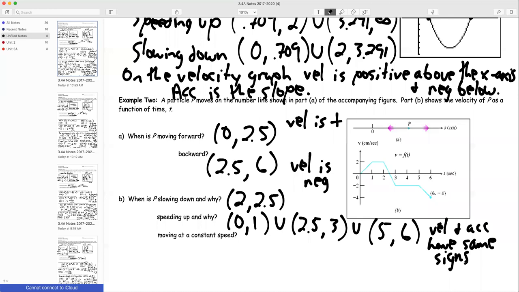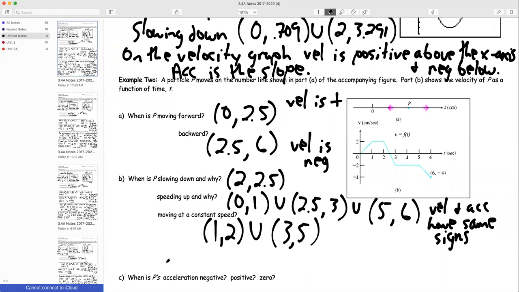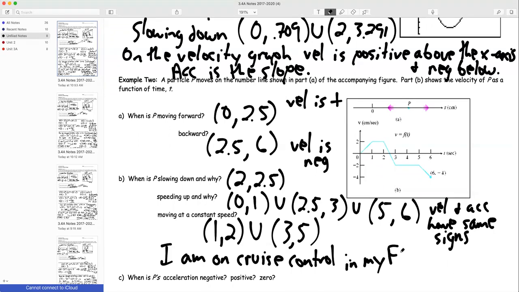And it is moving at a constant speed from 1 to 2. And then from 3 to 5. Because I am on cruise control in my Ferrari.